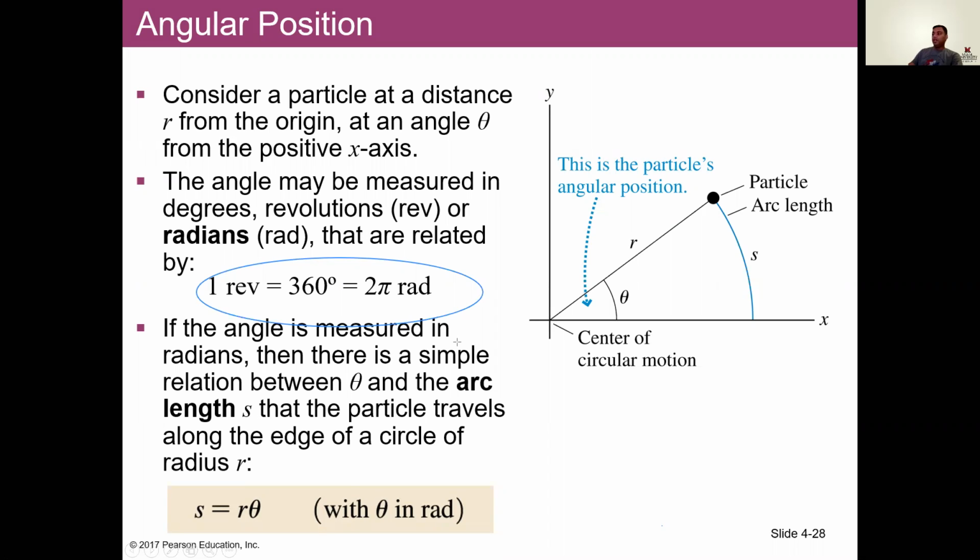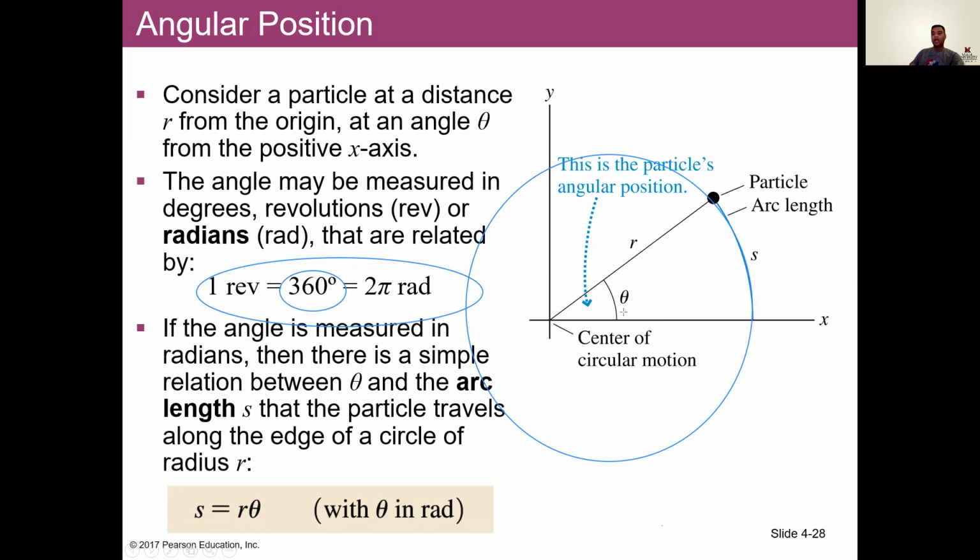So when an object travels in a complete circle, right? Let's say this is a circle. When this object starts from here, goes all the way and comes back here, it made one complete revolution. One complete revolution is basically a 360-degree angle.